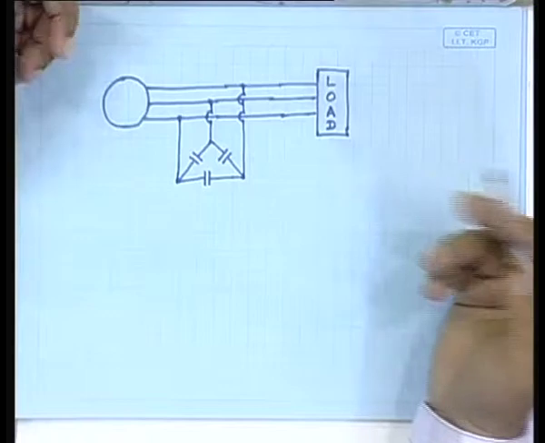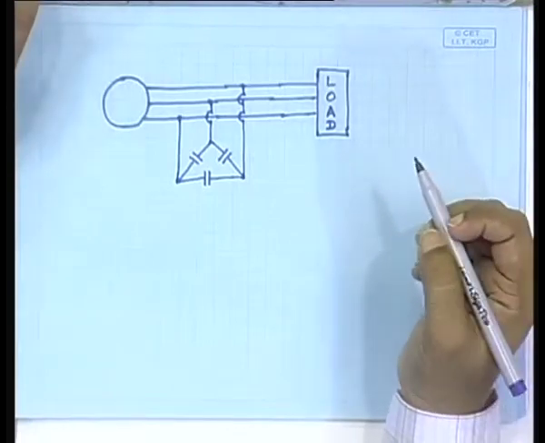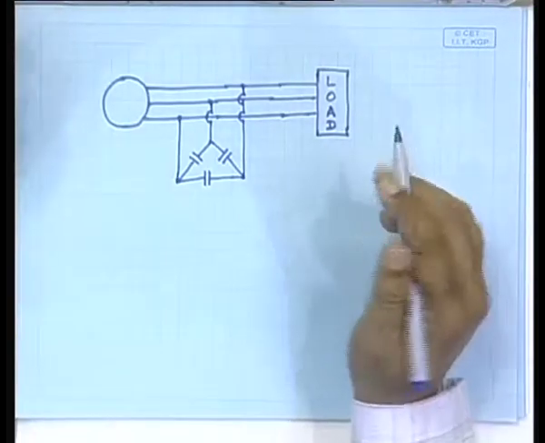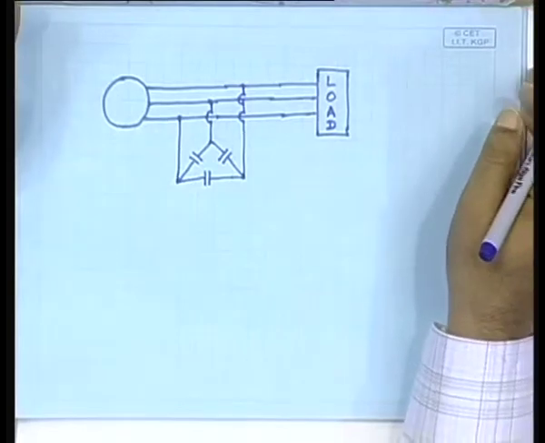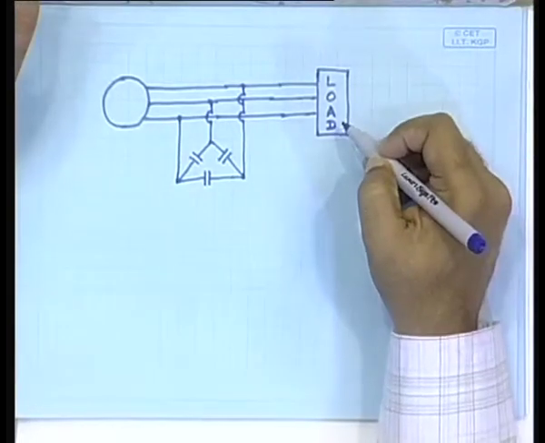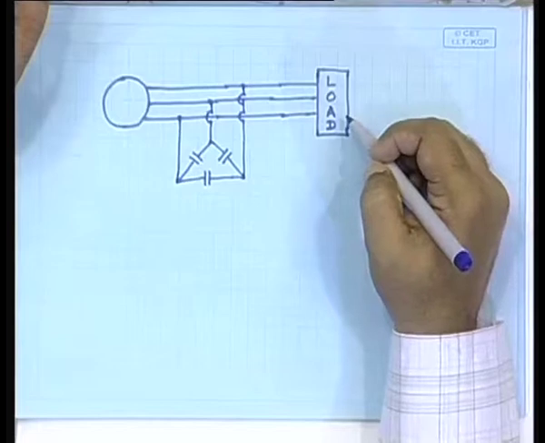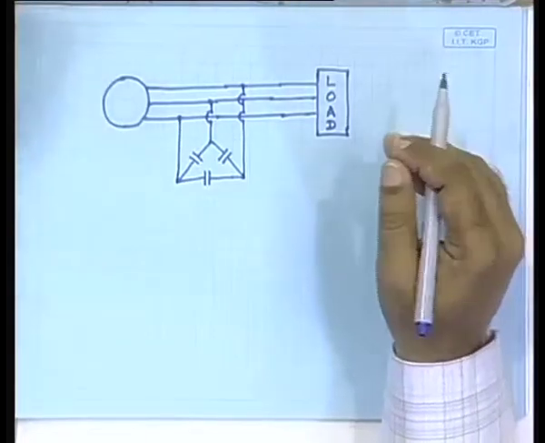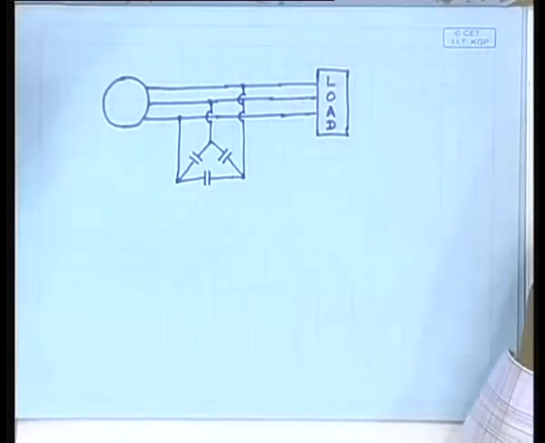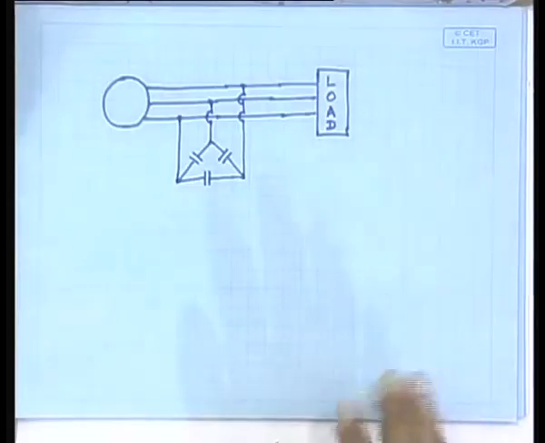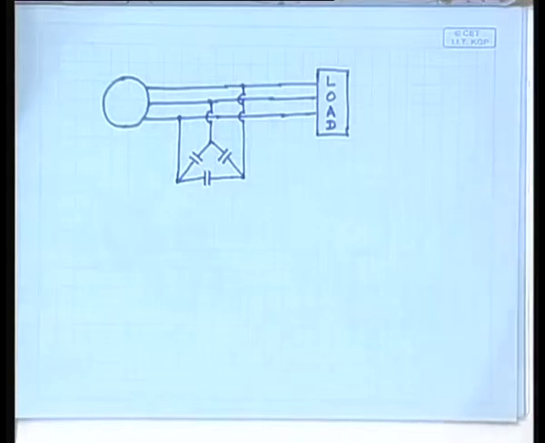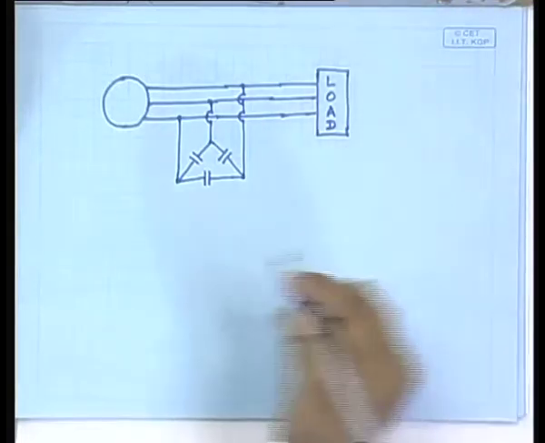This could be a lighting load, which we can logically assume to be more or less resistive. It could also be a motor kind of load, which will be a resistance plus inductance kind of load. So, this is the general arrangement for the stand-alone system. So, it is a self-excited induction generator.